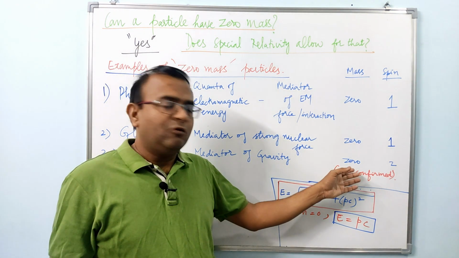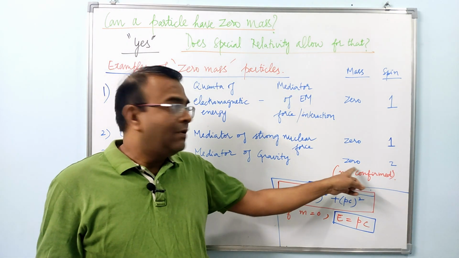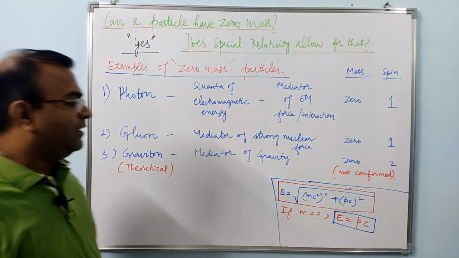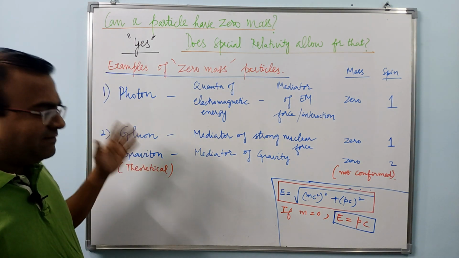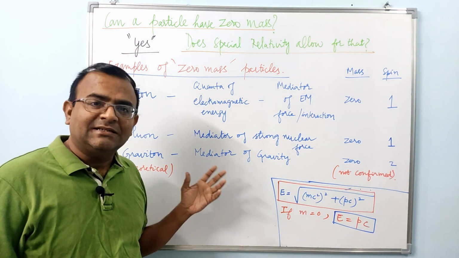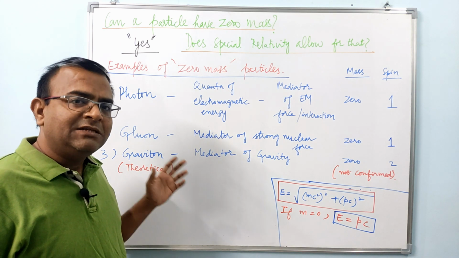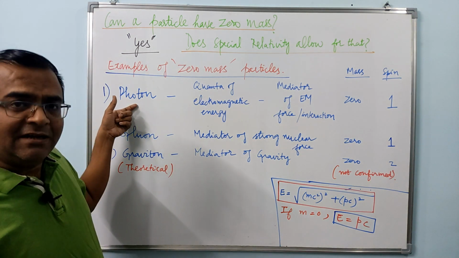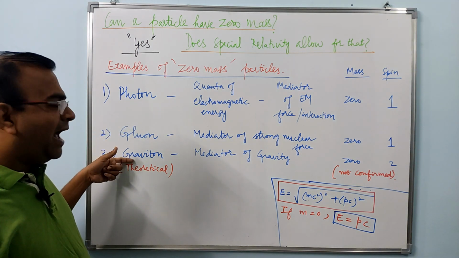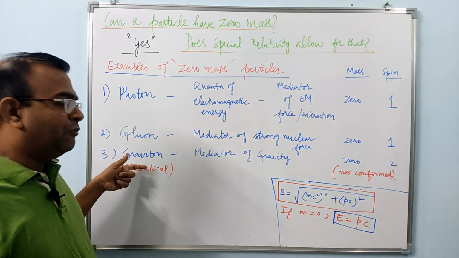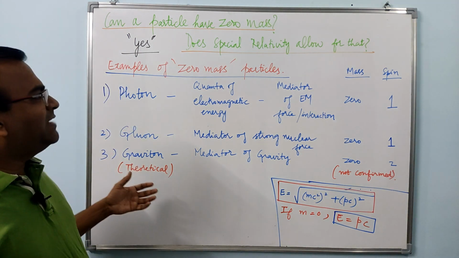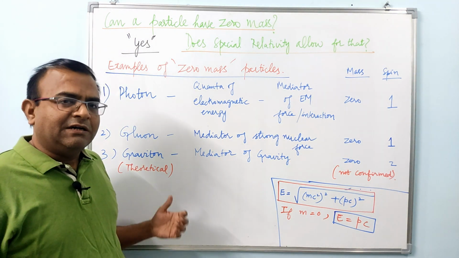It is another vector boson whose mass is 0 and the spin in this case is 2. So all the 3 particles with 0 mass, all the massless particles here, are basically bosons. While the photon is a scalar boson, both the gluon and graviton are vector bosons. So these are some of the examples of particles with 0 mass.